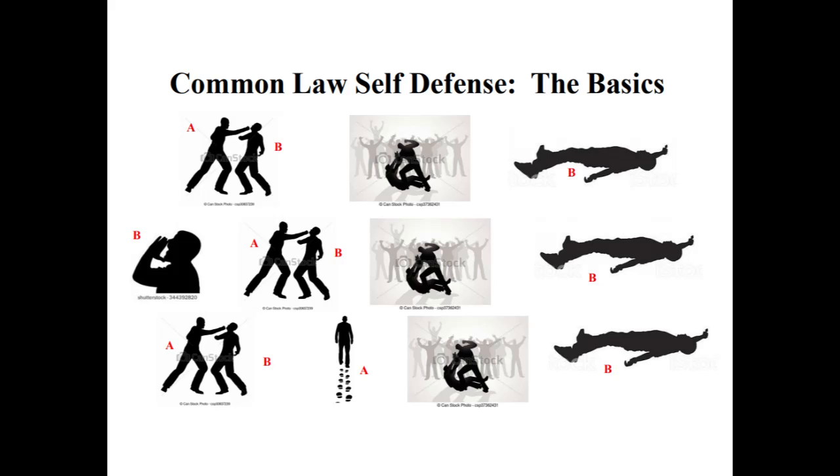So now take a look at the second row. We are using essentially the same facts, except with a slight modification. So assume that B insults A's mother, and as a result, A throws a punch at B. A fight breaks out to the death.